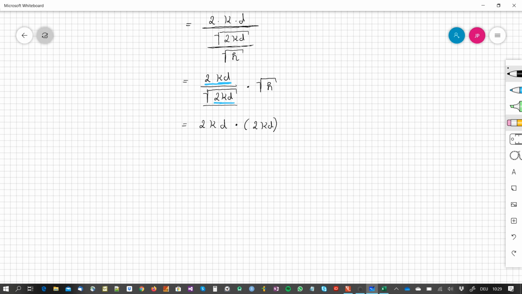So the square root is exponential a half, and if it stands in the denominator, then it's minus. So it would be minus 1 plus 1 half, and we leave our h in the square root.